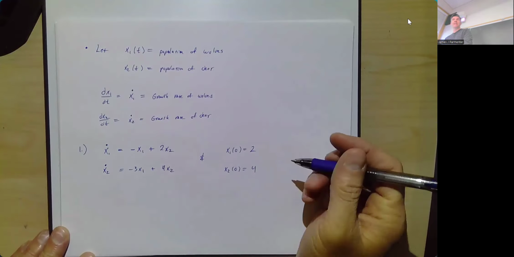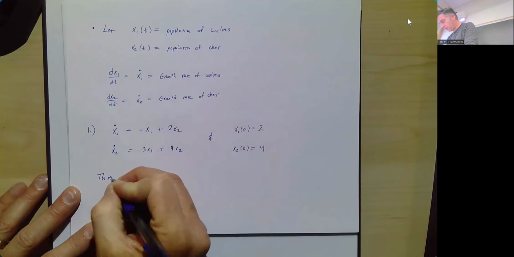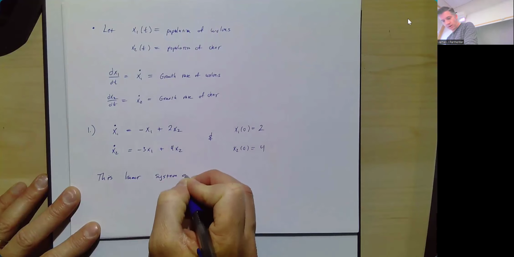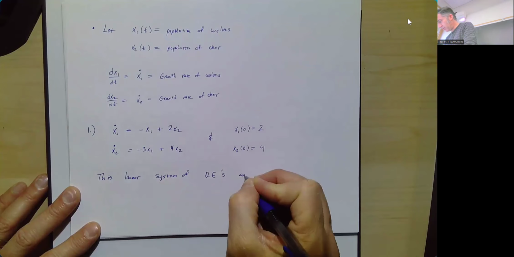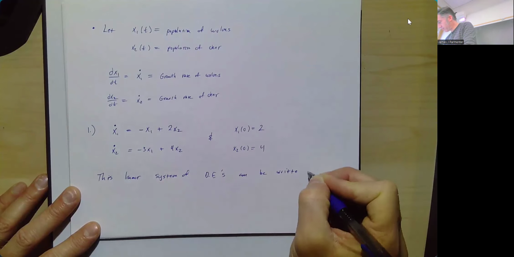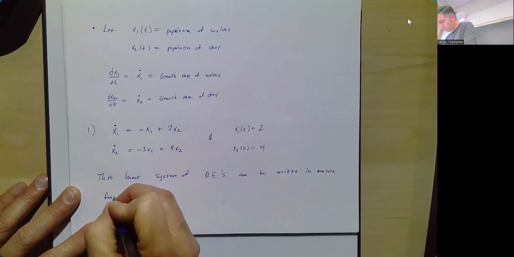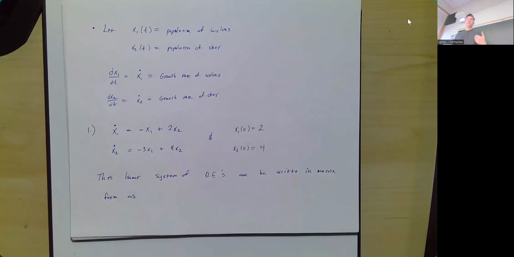Let's rewrite this linear system of differential equations. So this linear system of differential equations can be written via a matrix. So the A matrix is just your coefficient matrix.